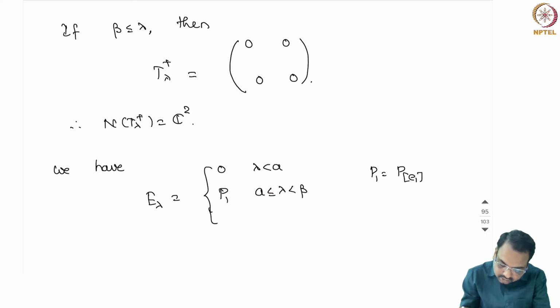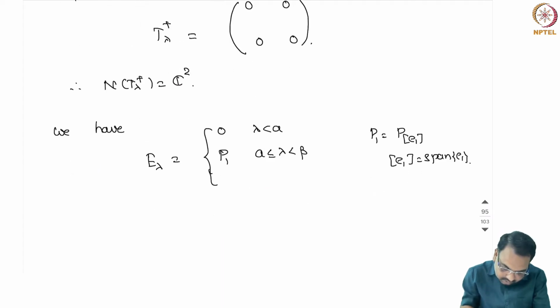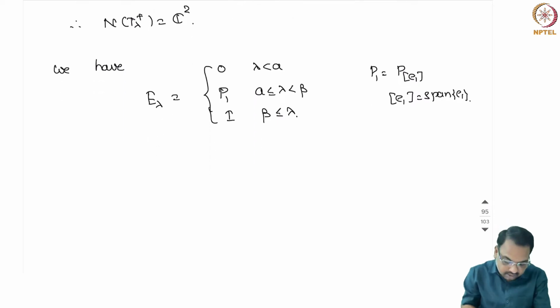And E lambda is identity when beta is less than or equal to lambda. Okay, these are the E lambdas.